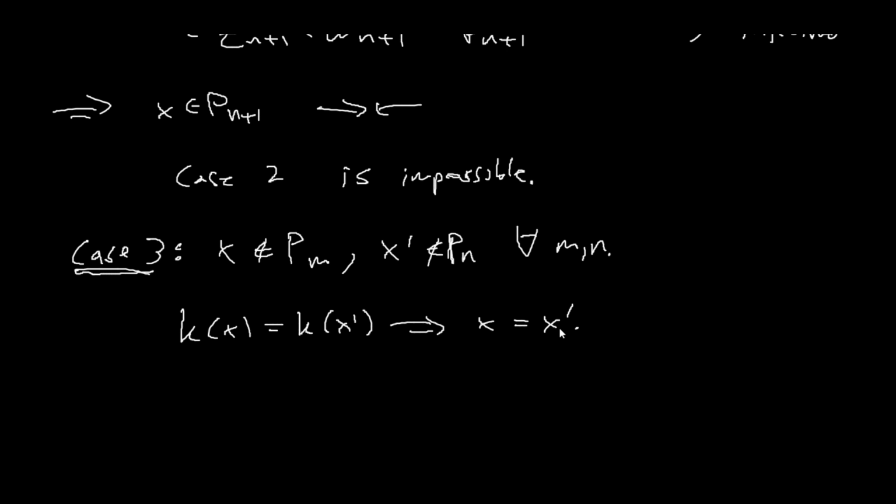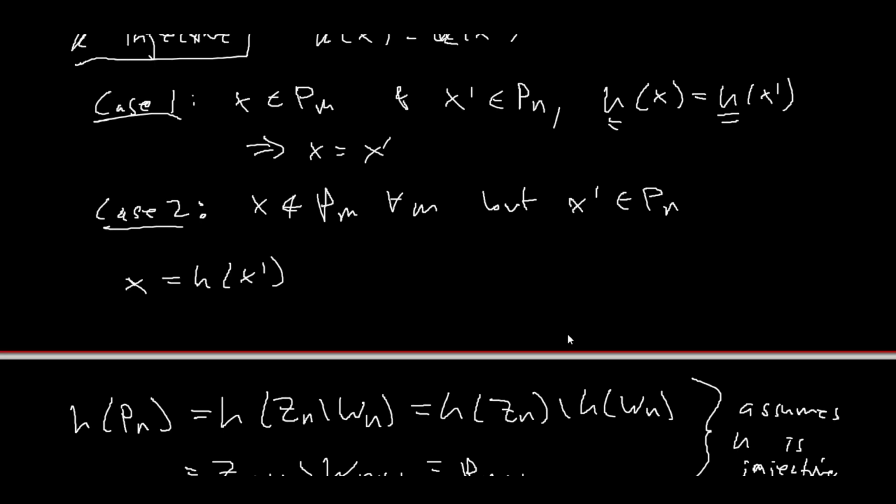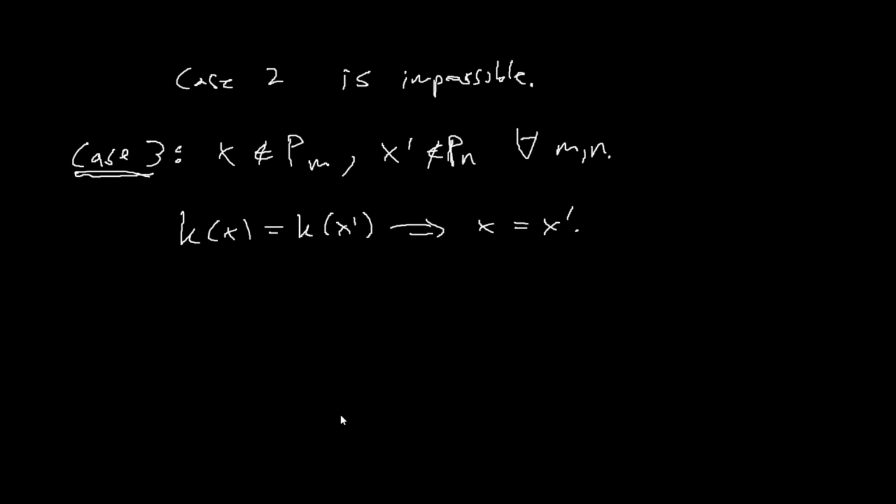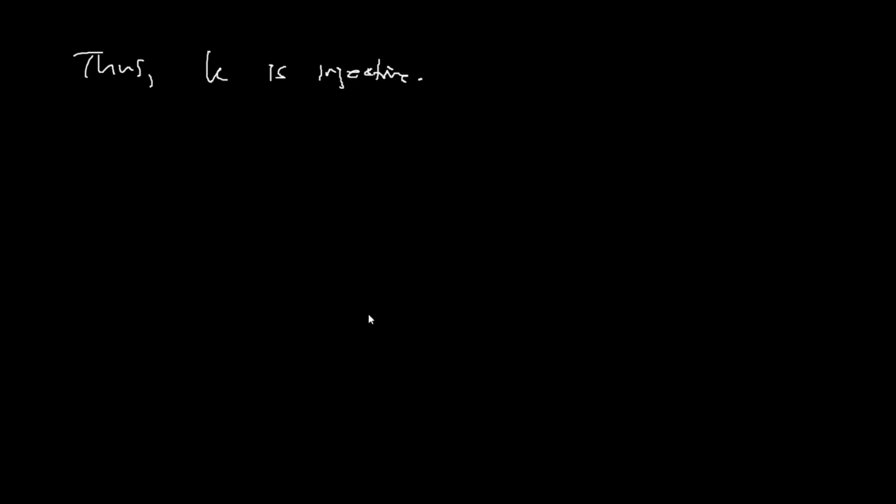And so in all cases that are possible, we conclude that if K of x equals K of x prime, then x equals x prime. Great. And that proves that K is injective.